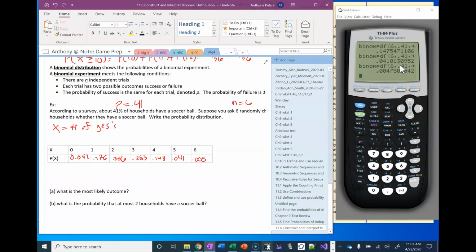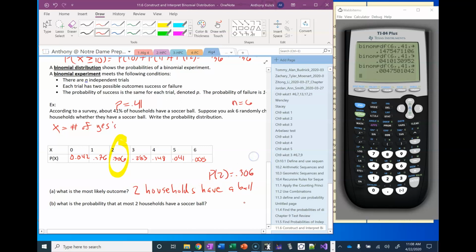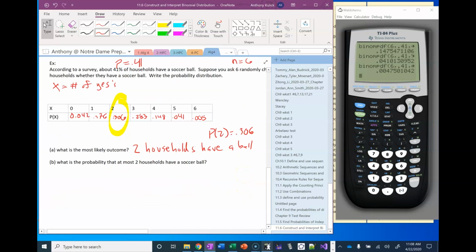So looking at our table now, if we want the most likely outcome, it'd be this one because the probability is the highest. So 2 households have a soccer ball because the P of 2 is 0.306.